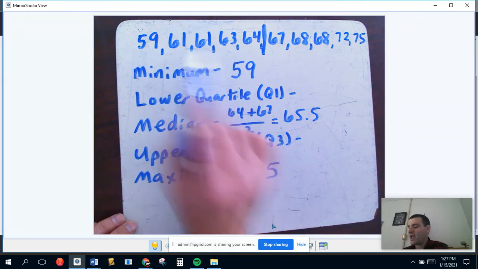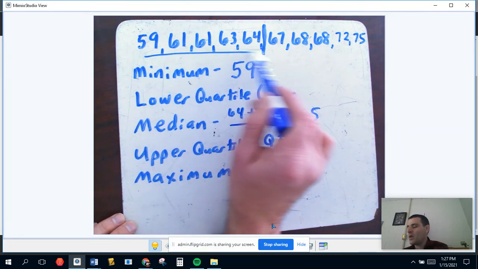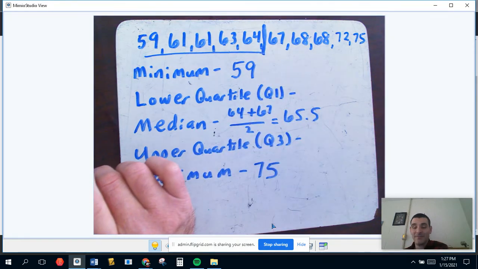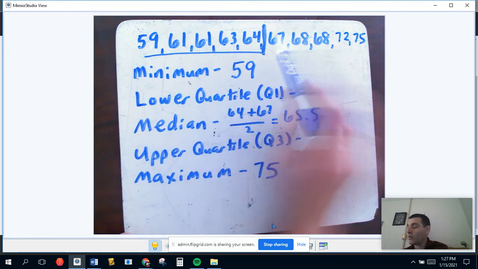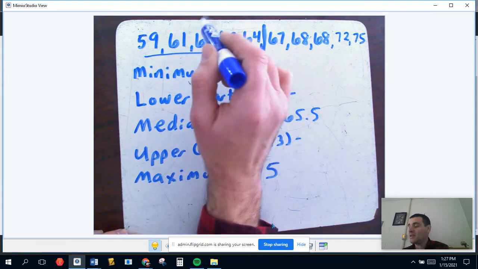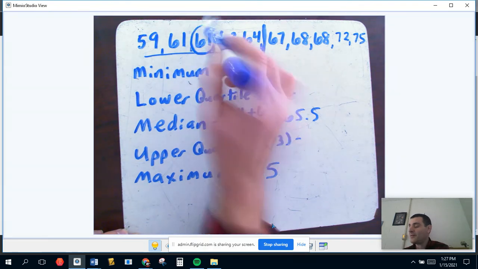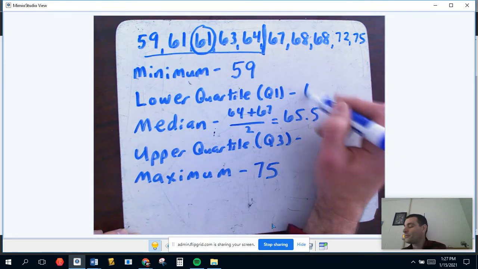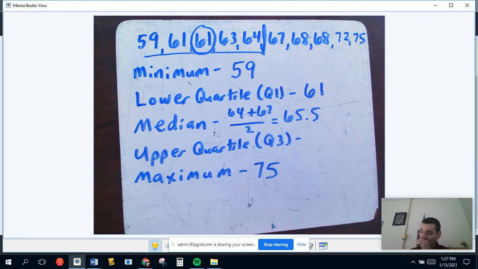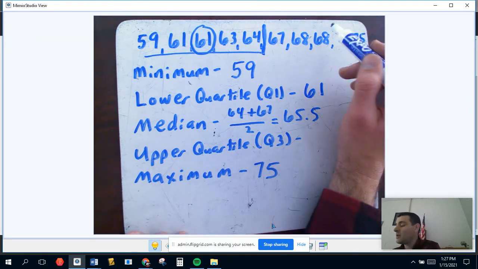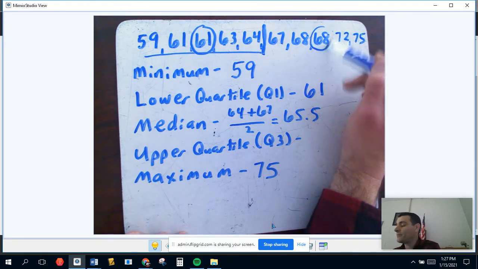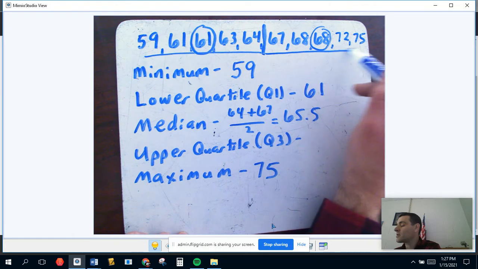So the first half would be this half right here. What is the median of that? That's Q1. Ignore those other numbers. The median is going to be that number, 61. And by now you've figured out that Q3 would be this one, the median of the upper half.